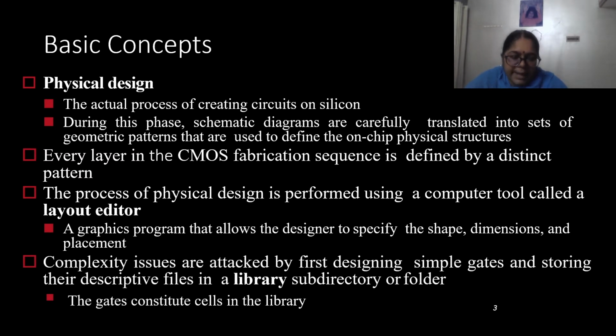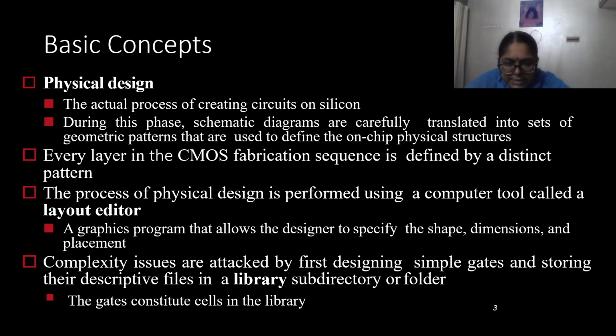Complexity issues are attacked by first designing simple gates and storing their descriptive files in a library, subdirectory or folder. The gates constitute cells in the library. Now, whenever we have to design complex circuits, we cannot directly start with the complex circuit.